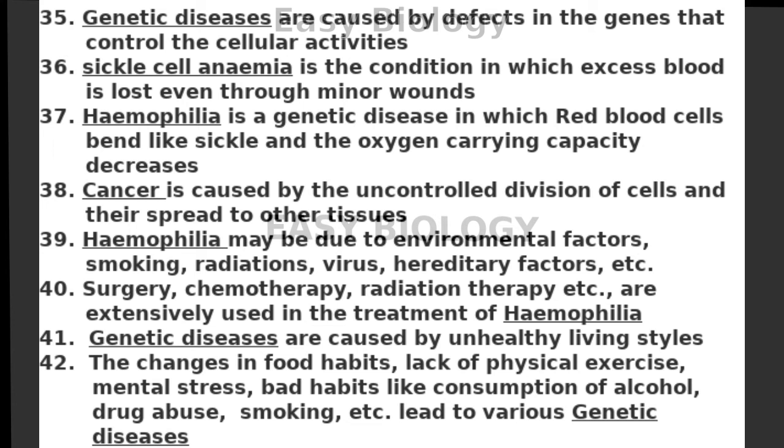Hemophilia is a genetic disease in which red blood cells bend like a sickle and the oxygen carrying capacity decreases. Here the underlined portion is hemophilia and it is wrong. The correct answer is sickle cell anemia is a genetic disease in which red blood cells bend like sickle and the oxygen carrying capacity decreases.